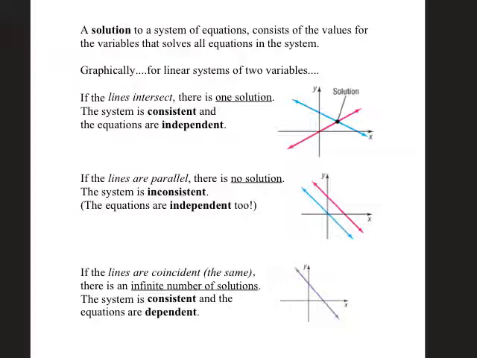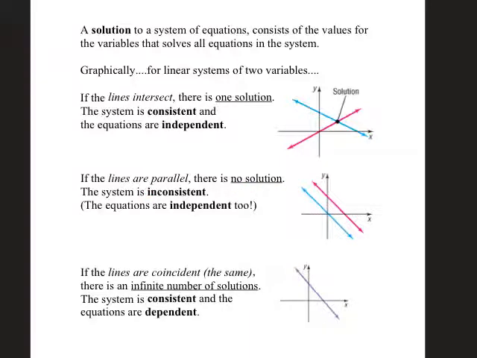If you have what we call a consistent system, where the equations are independent, then they're intersecting and you have one solution. If you have lines that are parallel, so each of these represents a two-variable equation, then this system is considered inconsistent because there is no solution.